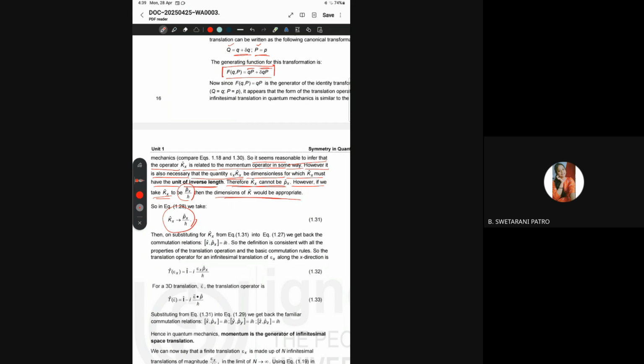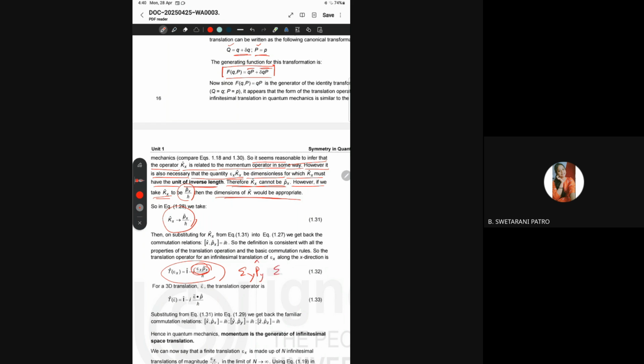So if we use that, then our translation operator will be equal to I minus i times epsilon x px by h cross, where I means identity. For x direction, it is epsilon x px. For y direction, it will be epsilon y py.